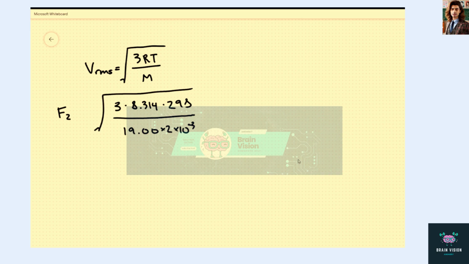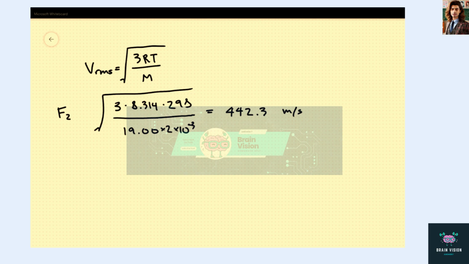You can plug this in: 3 times 8.314 times 298 divided by 19 divided by 2 times 1000, and then take the square root of that. 442.3 meters per second.